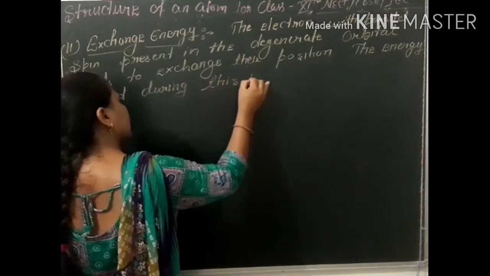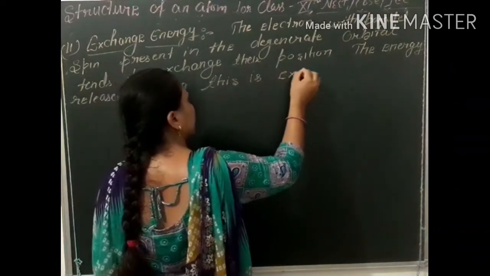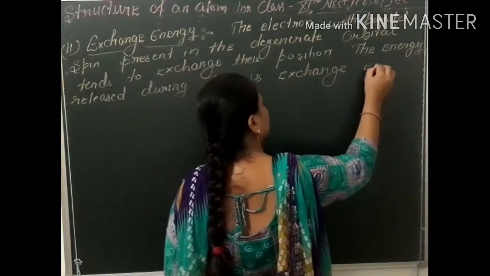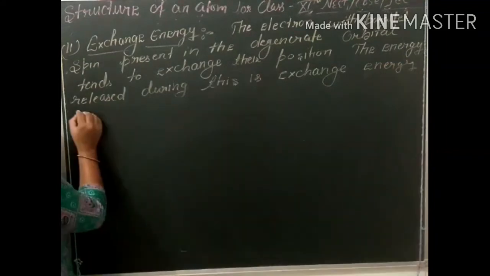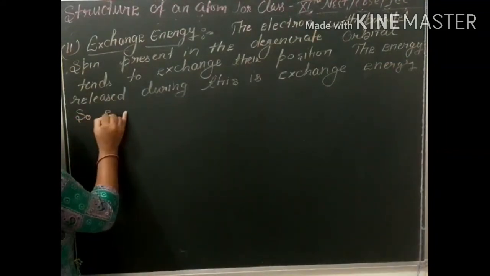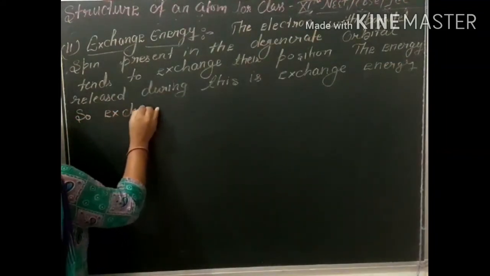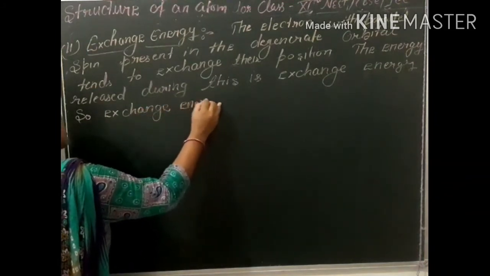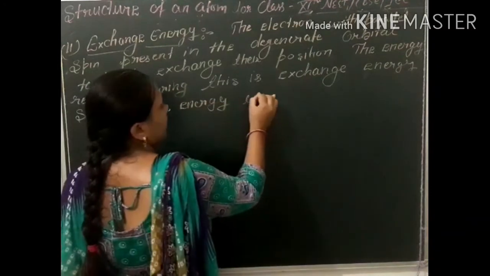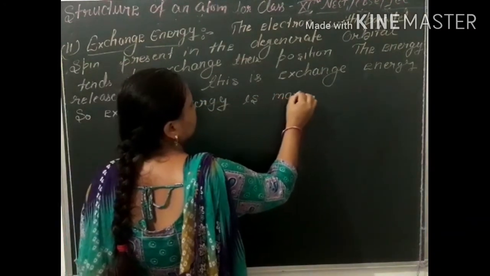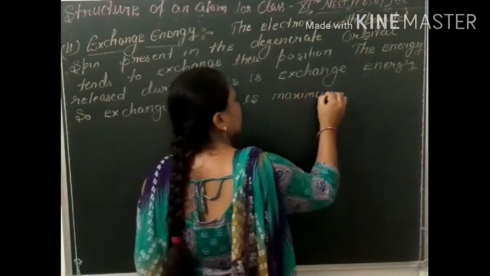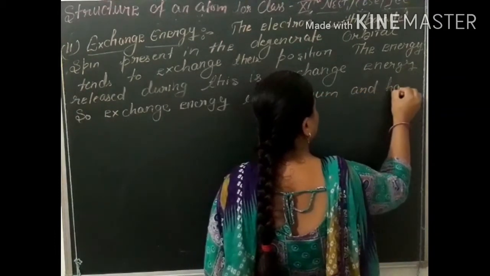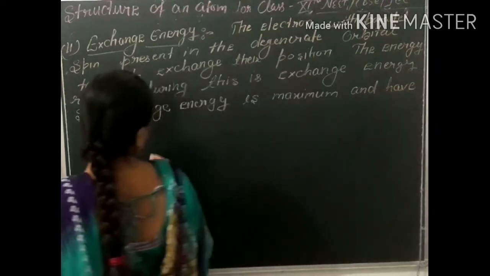This is exchange energy. So when exchange energy is maximum, the orbital has more stability.